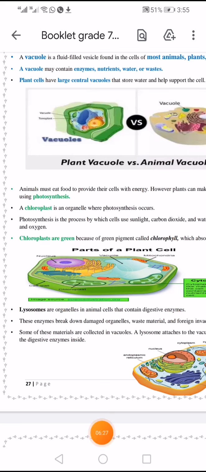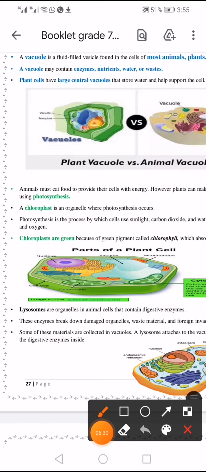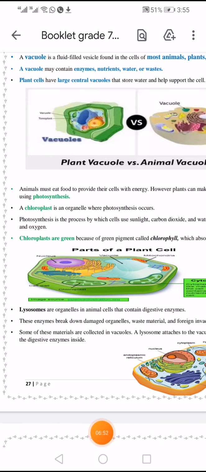Chloroplasts are green. So what is meant by chloroplast? Chloroplast is the organelle where photosynthesis occurs. Photosynthesis occurs in what? In chloroplast. Chloroplast is present only in plant cell. The color of chloroplast is green because of a green pigment.